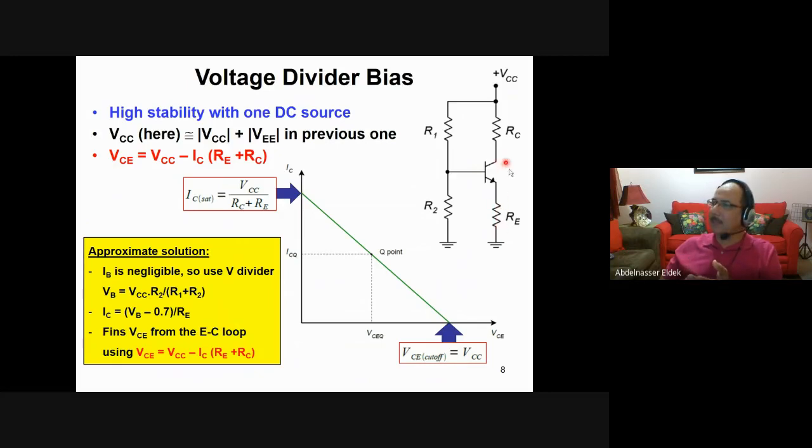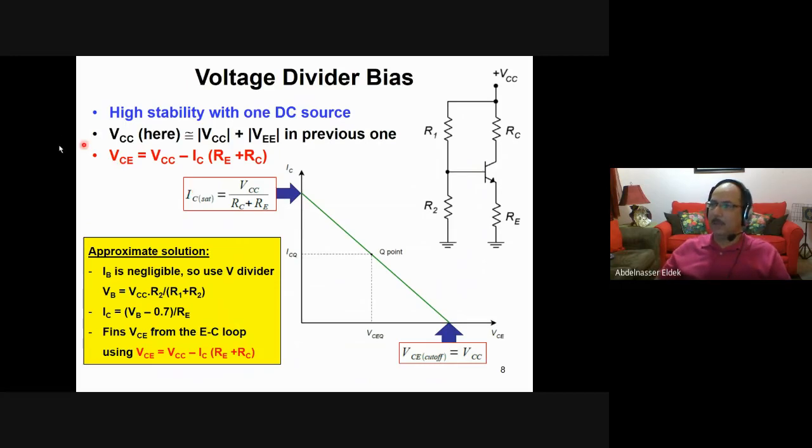Then VCE equals VCC minus IC times RC, minus the current here, which is approximately IC, times RE. So VCE equals VCC minus IC times (RE plus RC). This is the relation used to draw the load line.